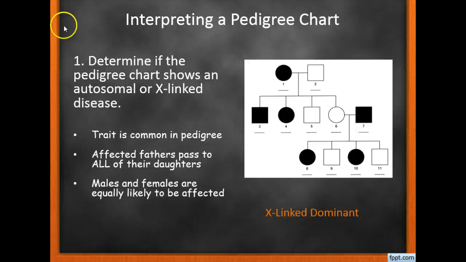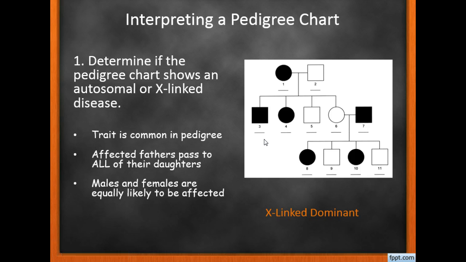Some of the characteristics are that the trait is common in the pedigree. If we take a look, 2 of the 4 children have this trait, and also the male who marries into the family has the trait, and 2 of their offspring do. So you can see that this trait is common.